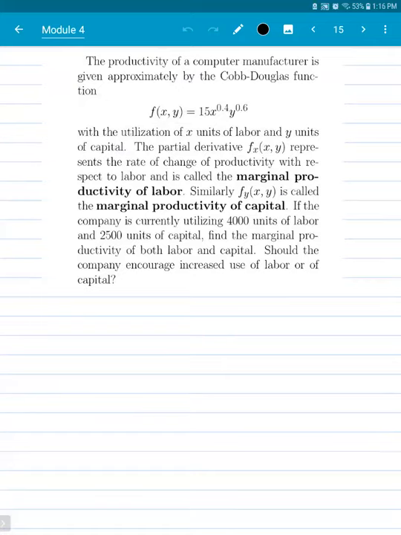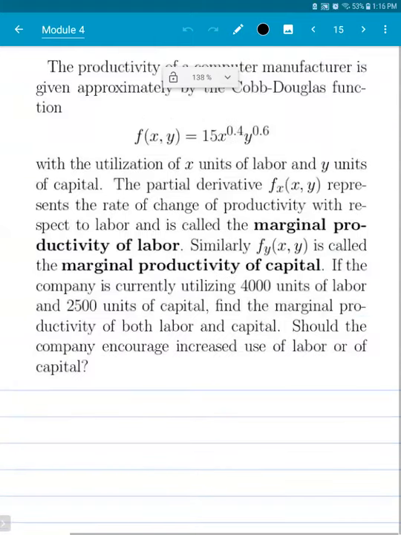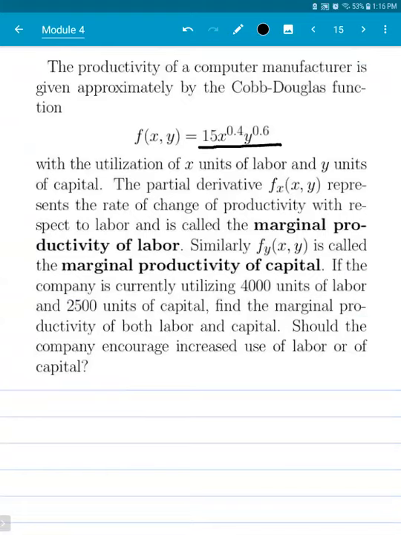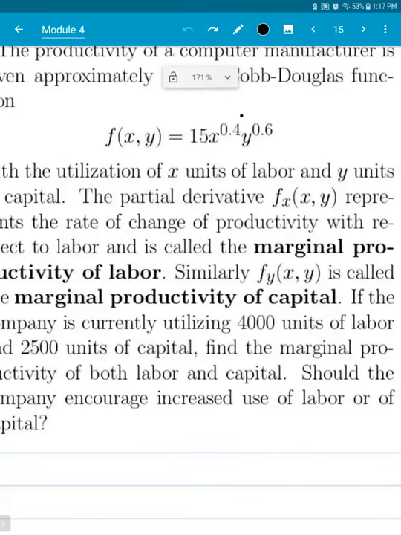The Cobb-Douglas productivity function is always a constant times a power of x and a power of y. And of course, you really need not concern yourself with that since the function will always be given. Anyway, for your information, the sum of powers of x and y must always add up to 1.